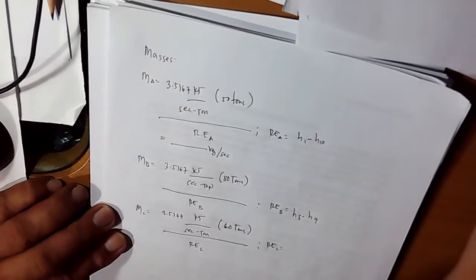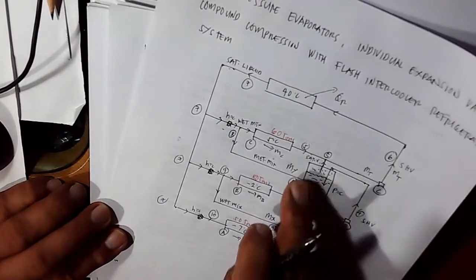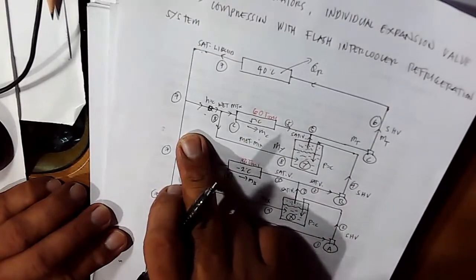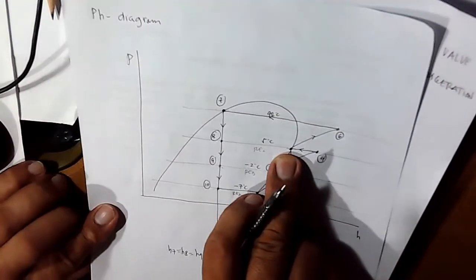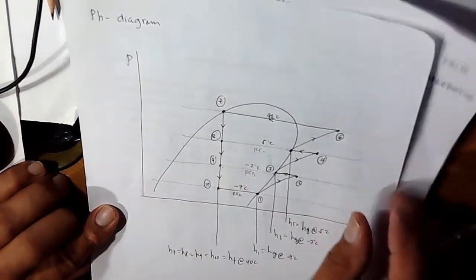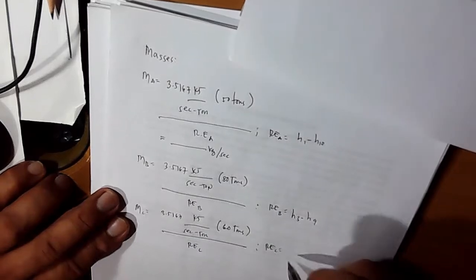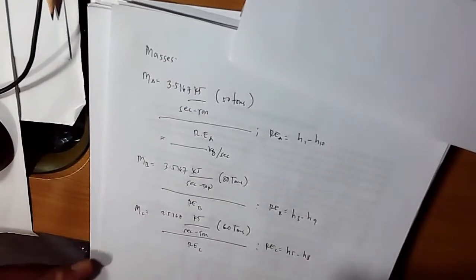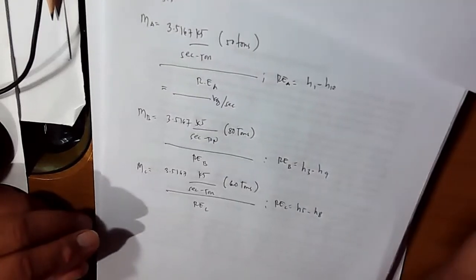REC is H5 minus H8. H5 minus H8. This one. 5, 8. Okay. H5 minus H8. So you have the three masses.